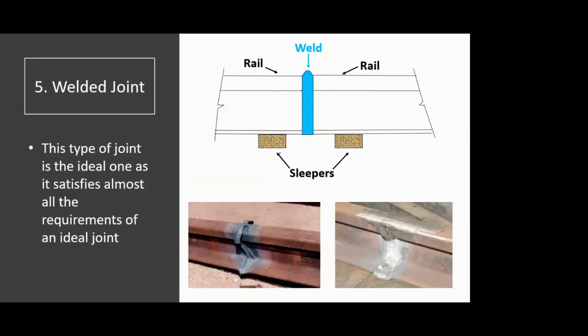The same way, it is used in railways, and the notable point is that it is one of the ideal joints. That is, whatever requirements we have seen for an ideal joint, the welded type of joint almost satisfies all of them. That's why in most sections of Indian Railways, this welding is done.